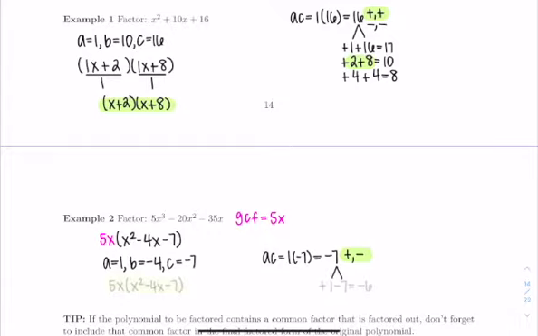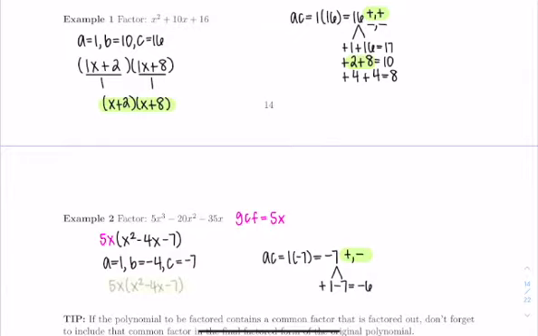The only factors of 7 are 1 and 7. The goal is to get to -4. Because B is negative, the bigger number of our factors would be negative and the smaller would be positive. But this gives me -6, which I cannot make -4.